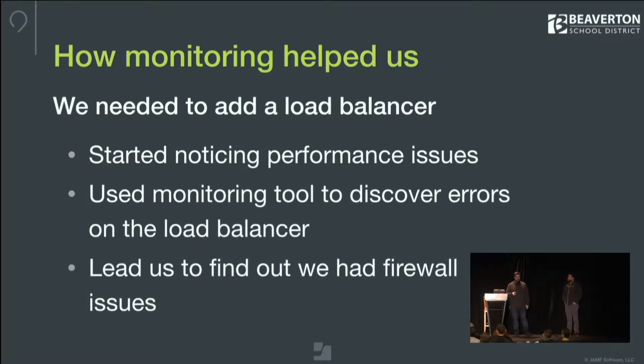The load balancer allowed me to start noticing errors. Once we had the load balancer in place, it was reporting errors to Datadog. They were getting 400 HTTP errors from clients. So clients were calling in, and the load balancer was reporting these 400 HTTP errors. Once I was able to gather that data, we came to find out that our Palo Alto firewall had a feature turned on called App-ID, which is a really cool feature.